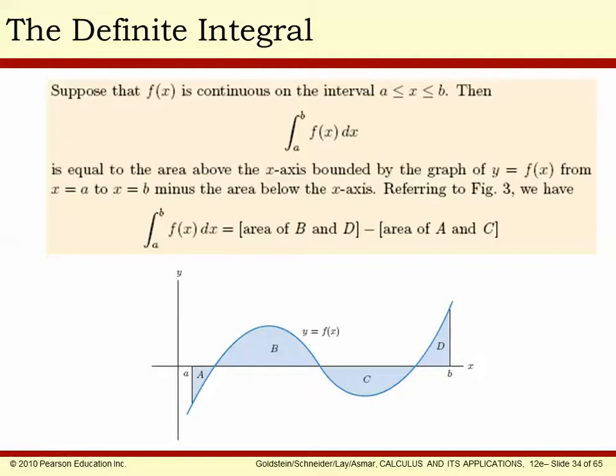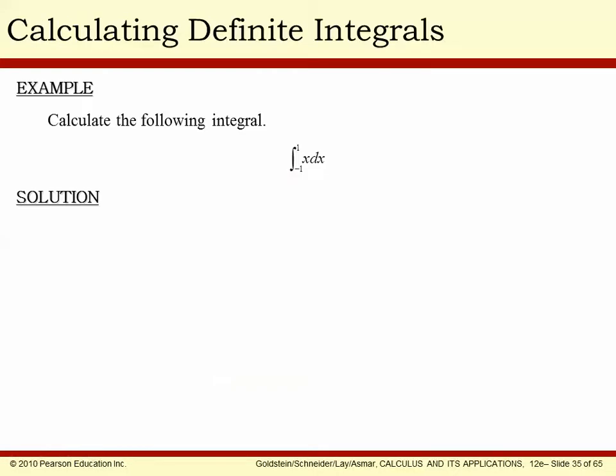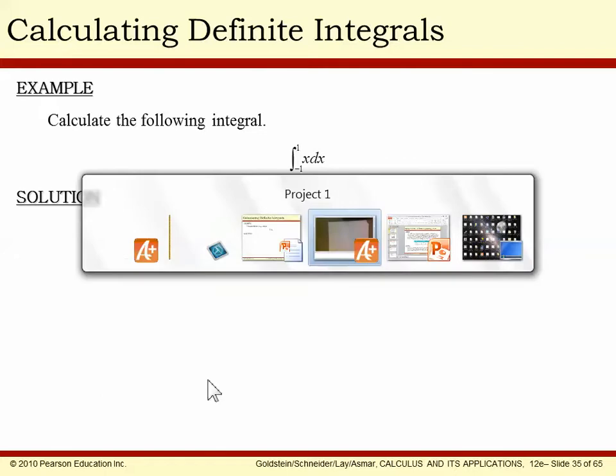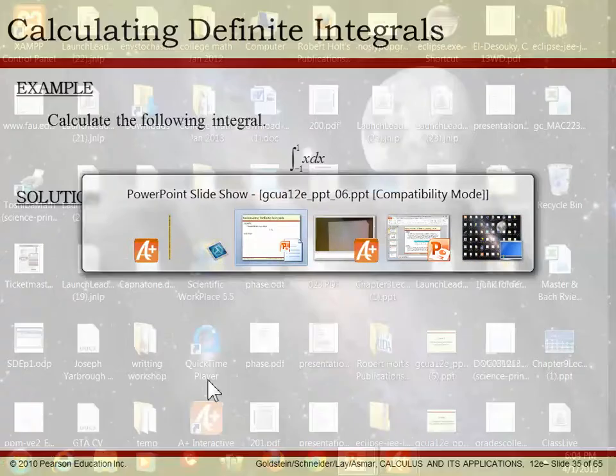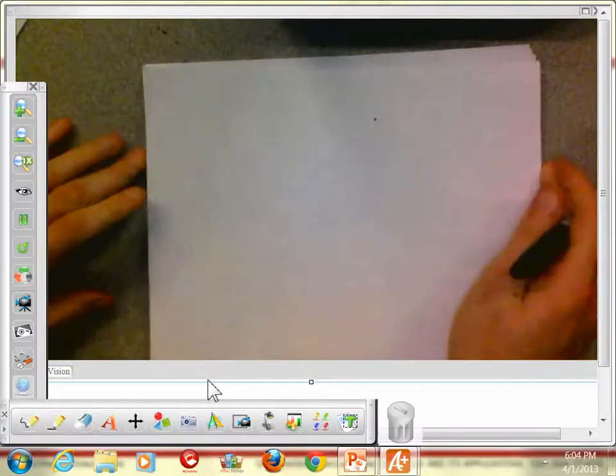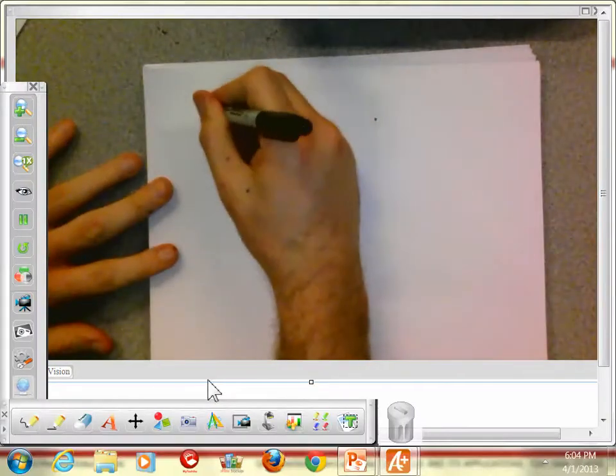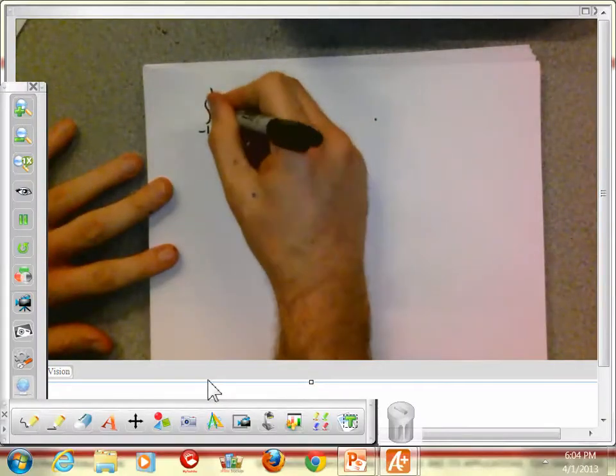Okay. So to see an example of that, let's look at calculating the definite integral from -1 to 1 of the function x dx. All right? So we have the integral of -1 to 1 of x dx.